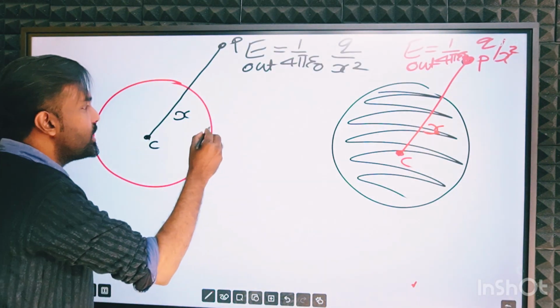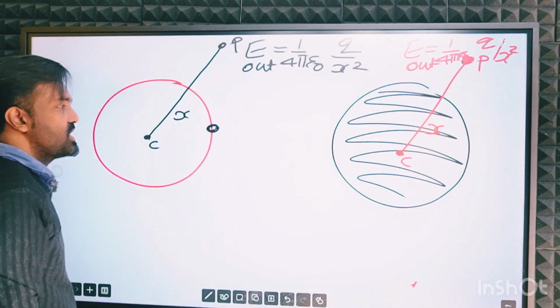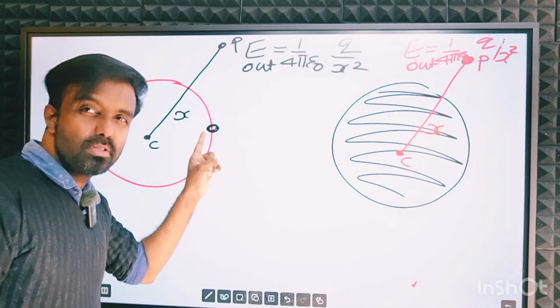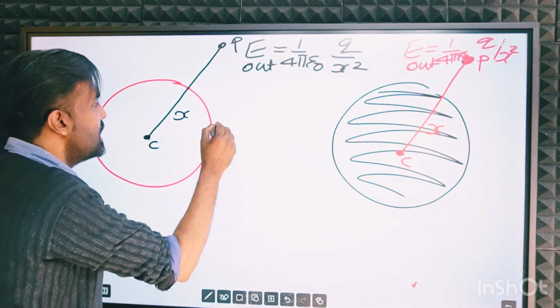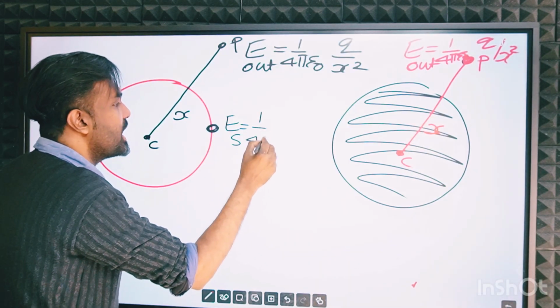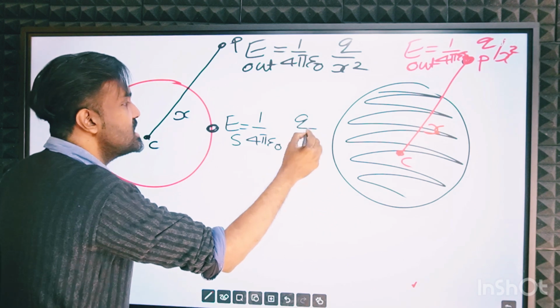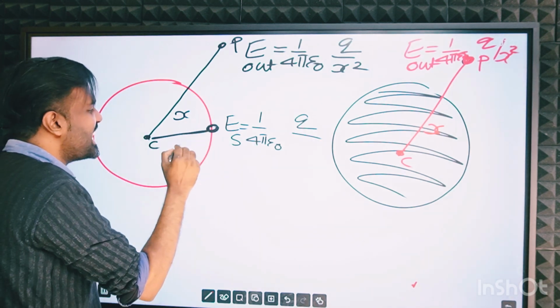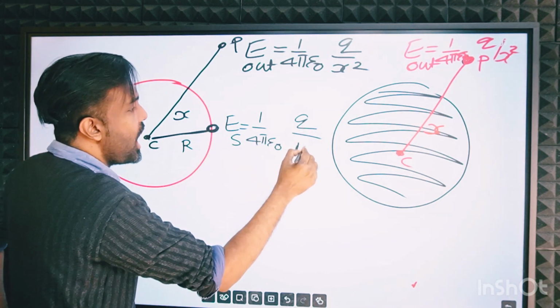And when this point comes on the surface of the sphere, it will be ES, S for surface, equal to 1 by 4 pi epsilon 0 charge divided by r square, since the distance is the radius.